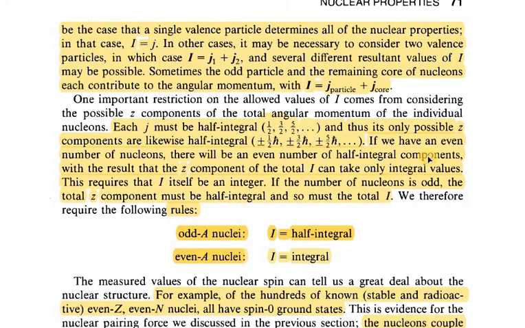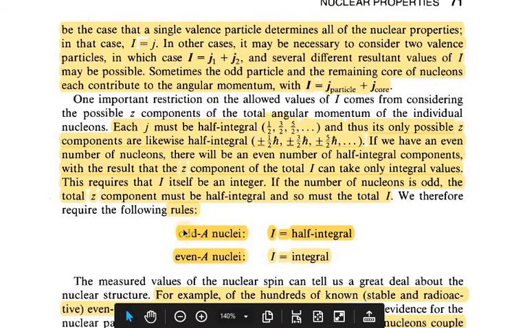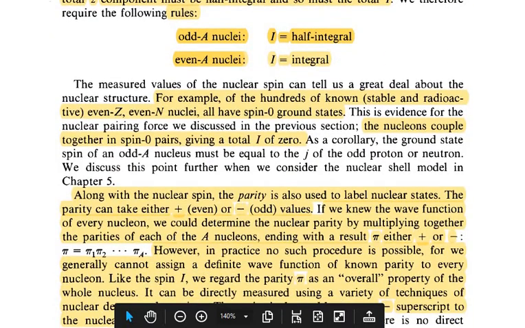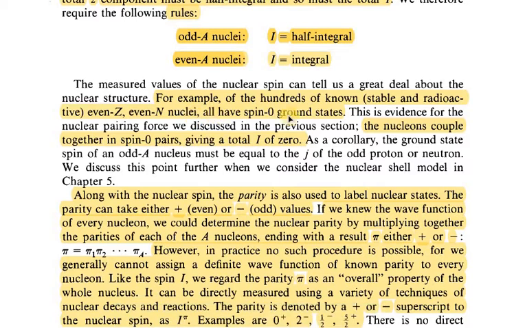If the number of nucleons is odd, the total Z component must be half integral and so must the total I. So we have developed a rule: for odd A nuclei, I is half integral; for even A nuclei, I is integral. For example, of the hundreds of known stable and radioactive even Z, even N nuclei, all have spin 0 ground state. The nucleons couple together in spin 0 pairs, giving a total I of 0.